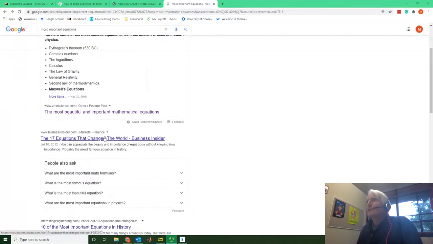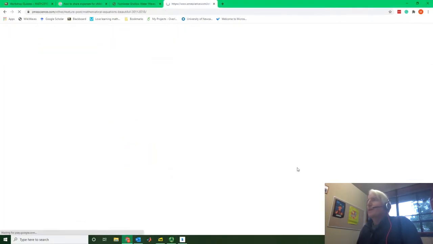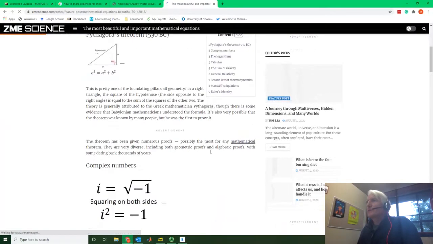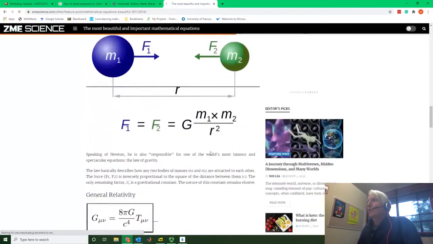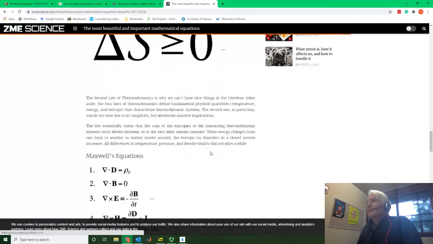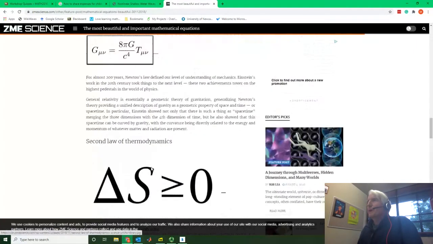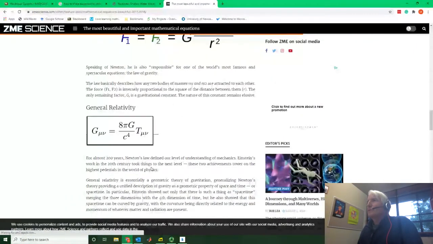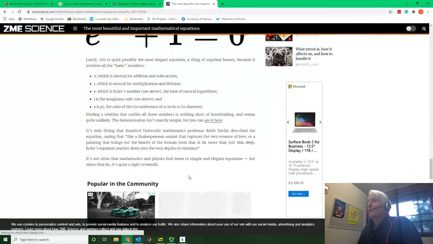There's 17 equations that change the world, Business Insider, most famous equations. Let's have a quick look at them. Pythagoras' theorem, complex numbers, logarithms, calculus, law of gravity. These are Maxwell's equations, which are partial differential equations. General relativity is really a PDE as well, though it's not written in an obvious form.